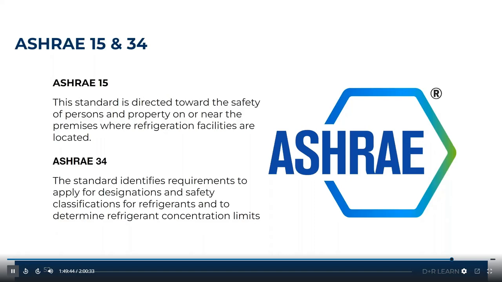So this should be used hand in hand with ASHRAE 15, and it just establishes a simple means of referring to common refrigerants instead of using the chemical name or compound formula. So once again, ASHRAE 15 and 34, you want to be familiar with these regulations. You don't have to remember them, but you can definitely get a copy of each one and use these to understand the different requirements when dealing with refrigerants in specific.